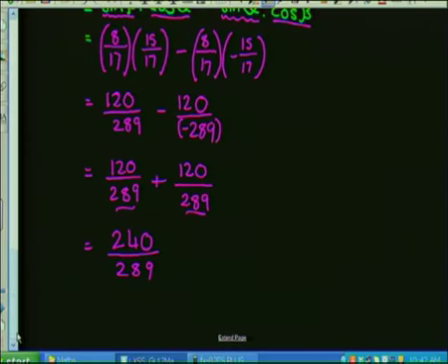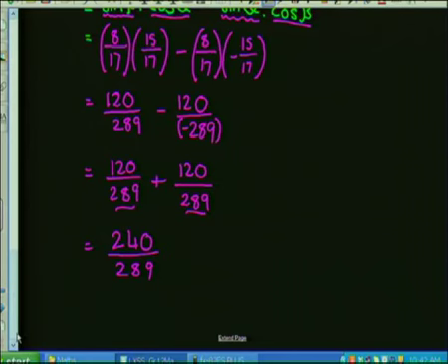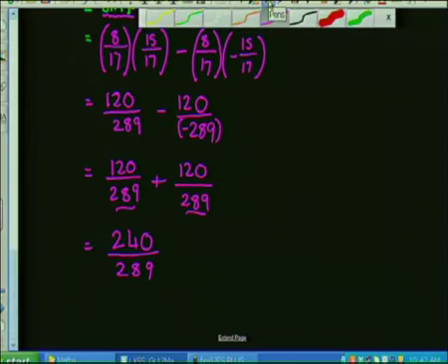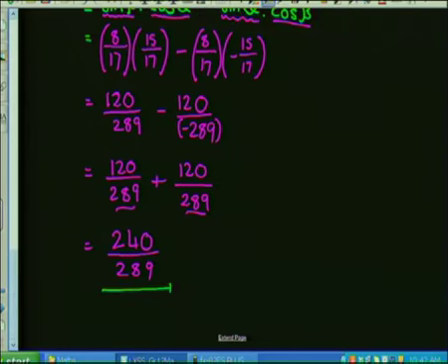With questions where your answer is a fraction, don't forget what you've been taught in previous years. You've been taught that when you give an answer with a fraction, you must ensure that it is in its absolute simplest form. 240 over 289 is in its simplest form and therefore is our final answer.